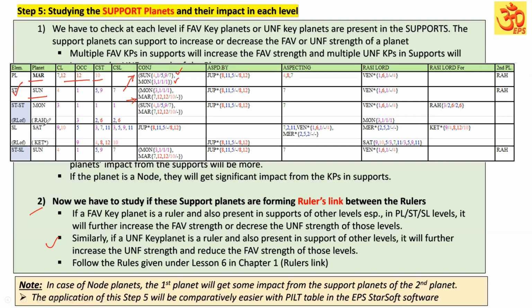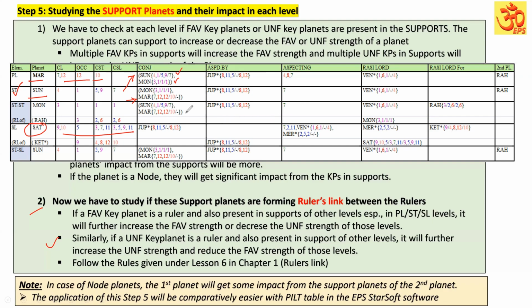You can see Saturn is the sublord of the Mars. It is a very good key planet. You check whether Saturn is present at the planet level. No. And Sun is not having Saturn conjunction or aspect, or Rasi Lord. It is not there at the star level also.